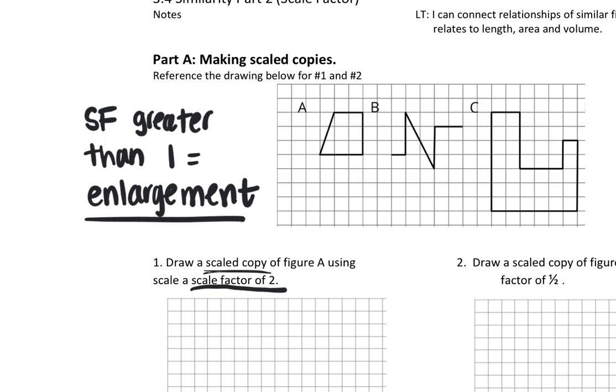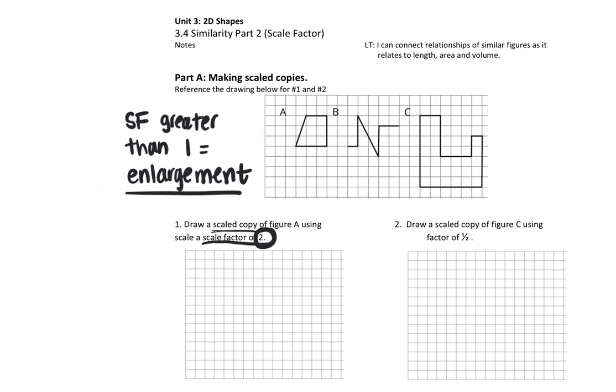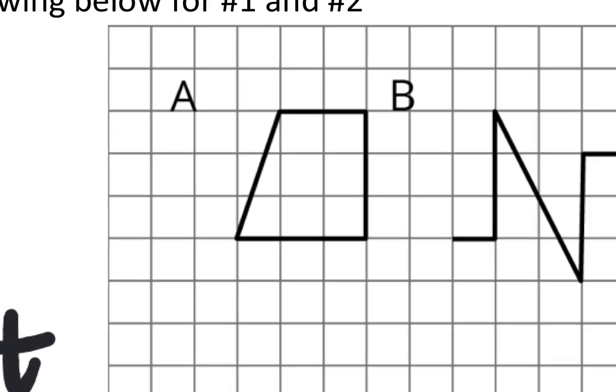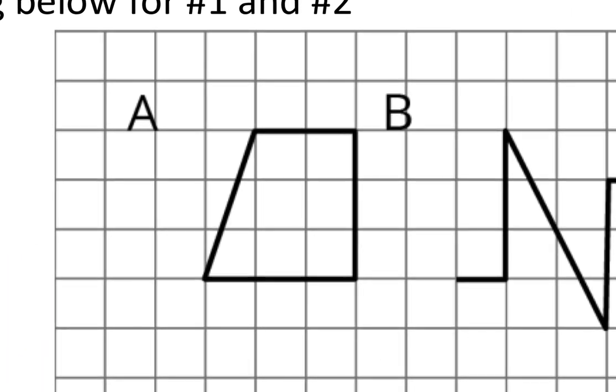Because the scale factor in this example is 2, I know I'm going to make a bigger image of example A, okay? So, what I'm going to do for example A is first in this original figure, I'm going to see how much each side is that I can.